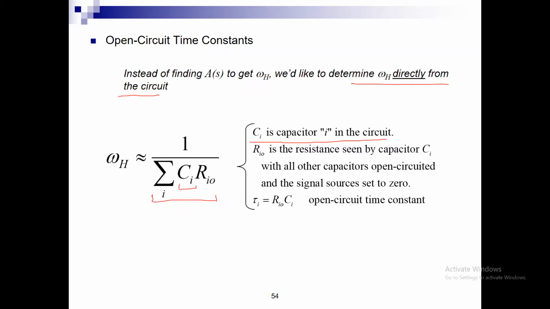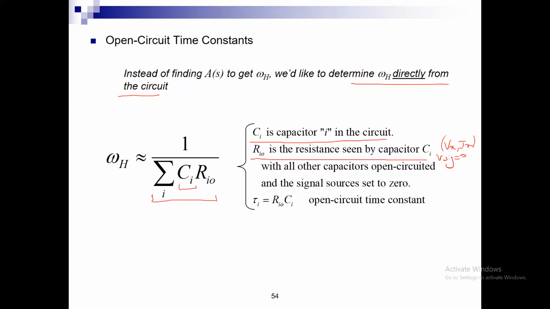Rio is the resistance seen by that Ci, meaning the resistance seen when I apply Vx and Ix in place of the capacitor and when I set the signal voltage to 0. Okay, I remove all my signals, not Vn here. I remove Vsig, the main signal, I set it to zero.